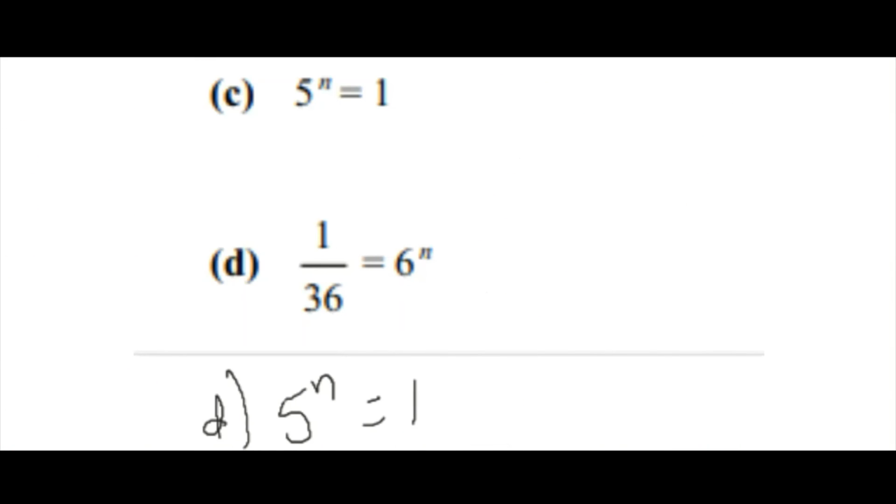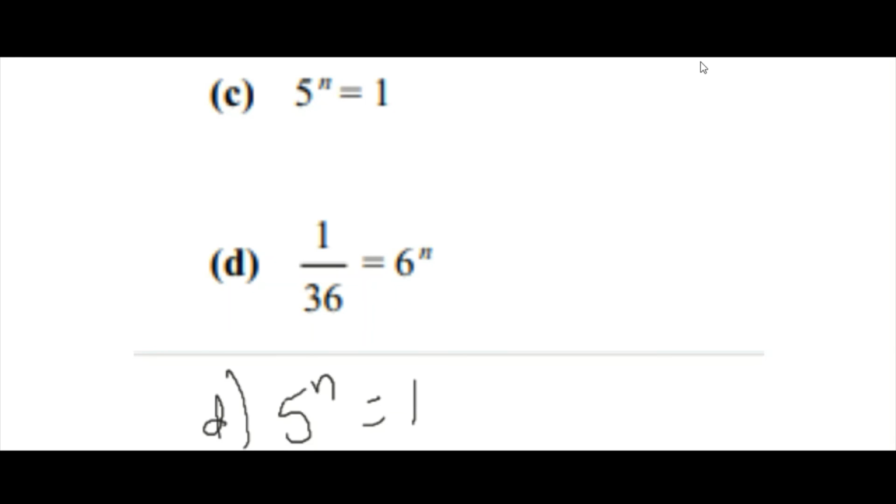Now let's go to the first question that we have here. Let's solve this. 5 raised to power n equals 1. So what is n? We have to find n. And the second one is 1 over 36 equals 6 to the power n. So we are solving these two together now.